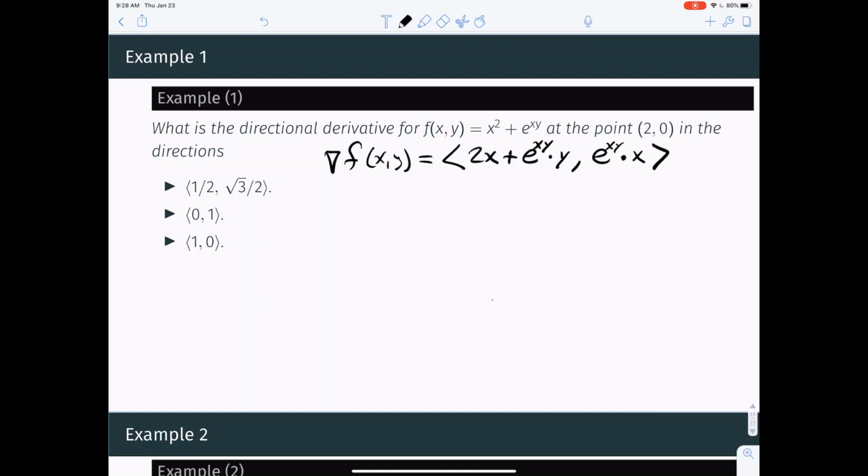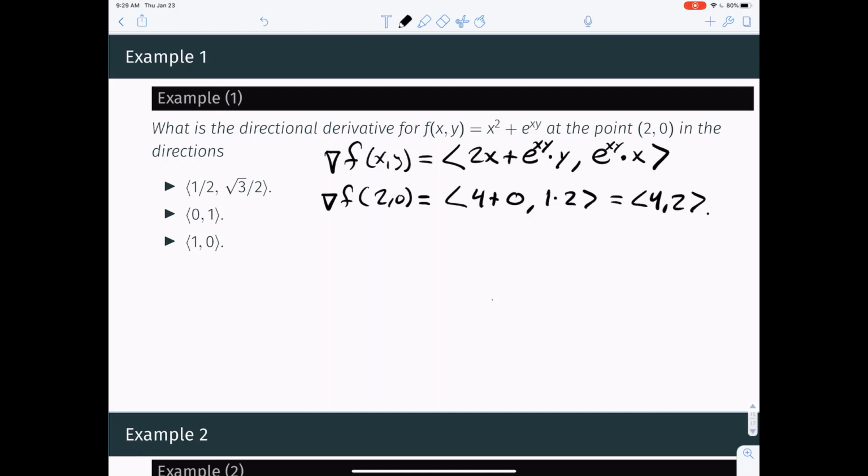Okay, so that's the gradient. In particular, the gradient function at the point 2, 0 is going to be 4 plus 0. And then e to the 0 is 1 times 2. Okay, so 4, 2 is the gradient.